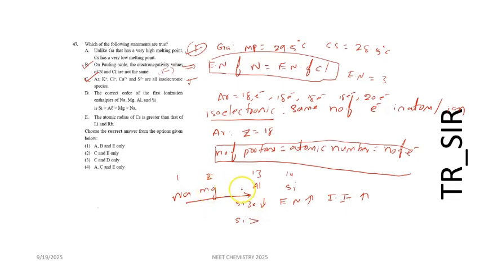Then when you see magnesium and aluminum, magnesium will be higher. Why is magnesium higher? Magnesium has a fully filled configuration, 3s2, whereas aluminium has 3p1. Electron removal from 3p1 is easier than from 3s2. So next comes magnesium, then aluminum, and last will be sodium.